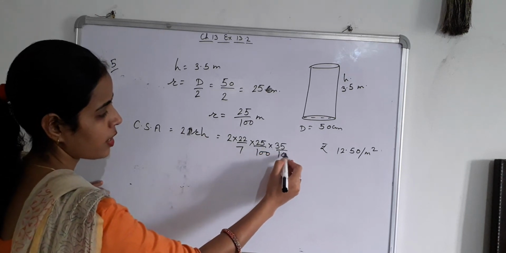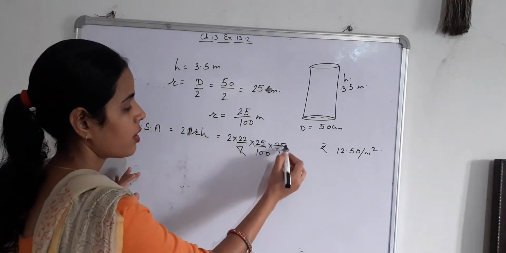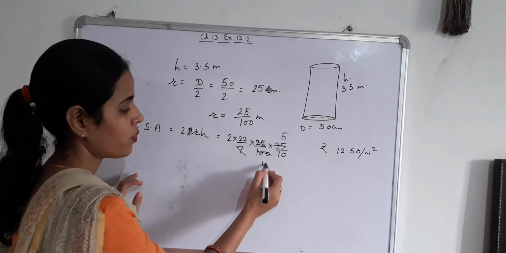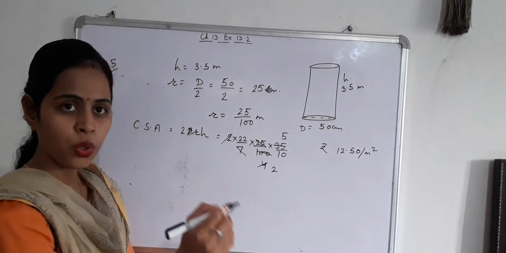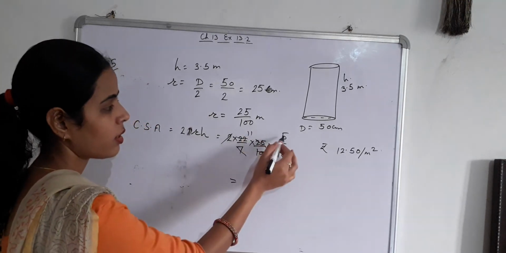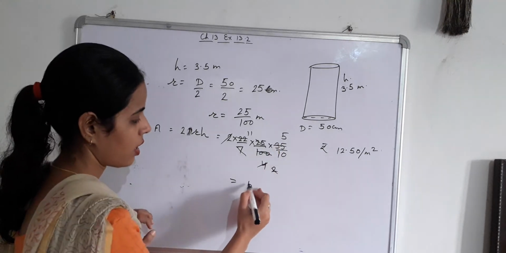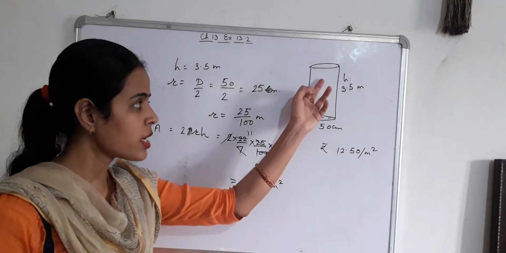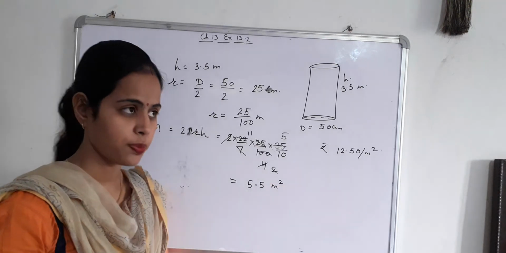You can write that as 35 upon 10. 7 into 5 is 35. 4 is cancelled by 2 and this 22 is cancelled by 2. 11 multiply 5, 55, 55 upon 10, 5.5 meter square. So the covered surface area of this pillar is 5.5 meter square.